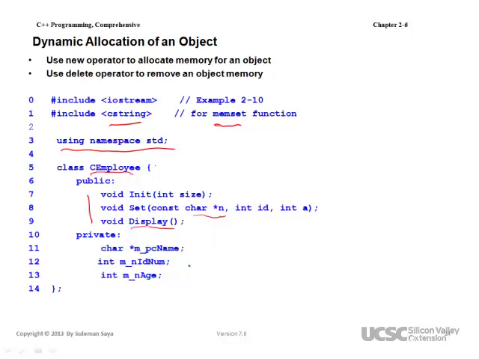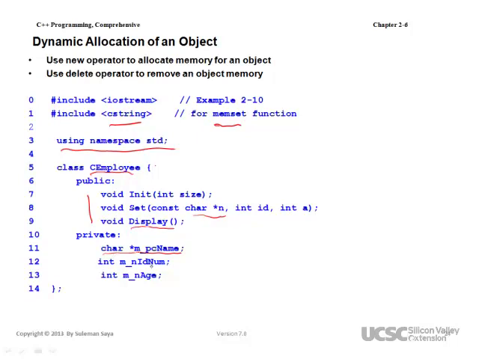In the private section of the class, I have a character pointer. The character pointer is going to be used for pointing to an array that will be created within the init function. Actually, it will be a character string that is getting created.